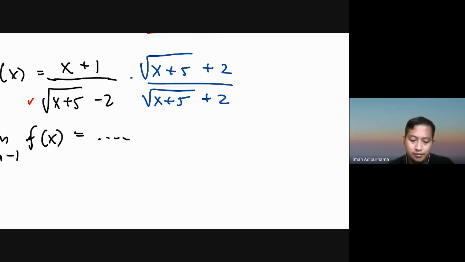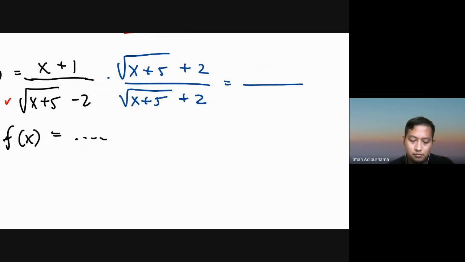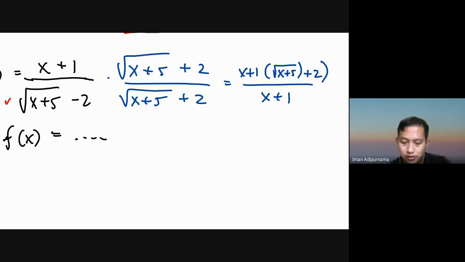So it will become x plus 5 minus 4, yeah, minus 4, so x plus 1. And this has x plus 1 and another square root of x plus 5 plus 2.